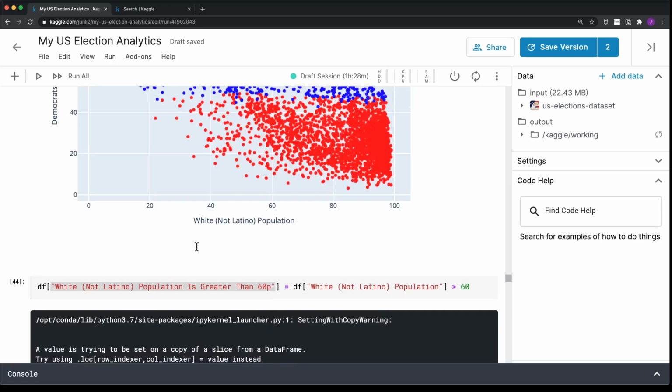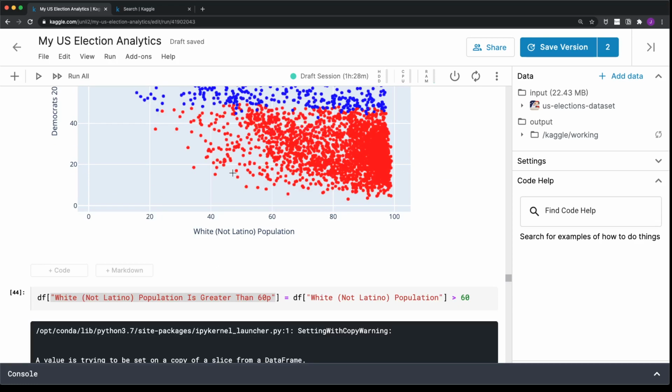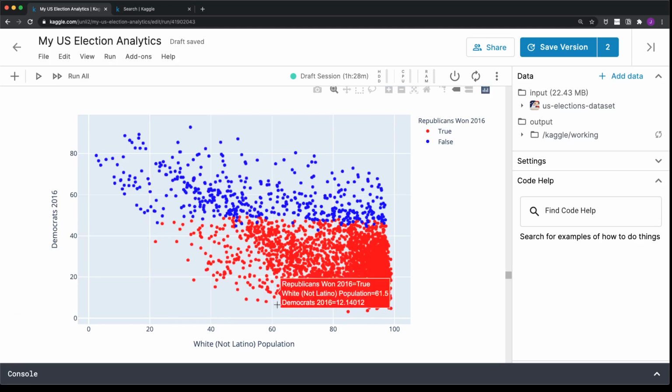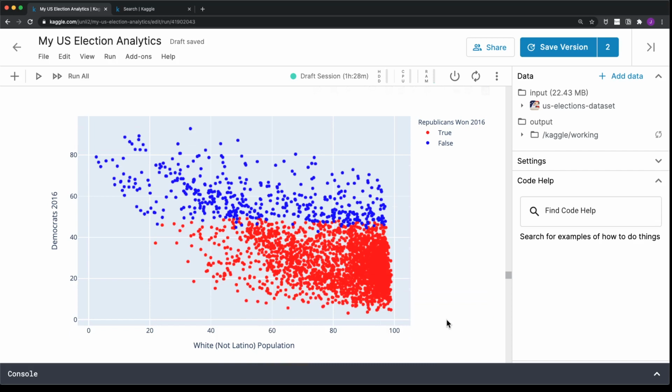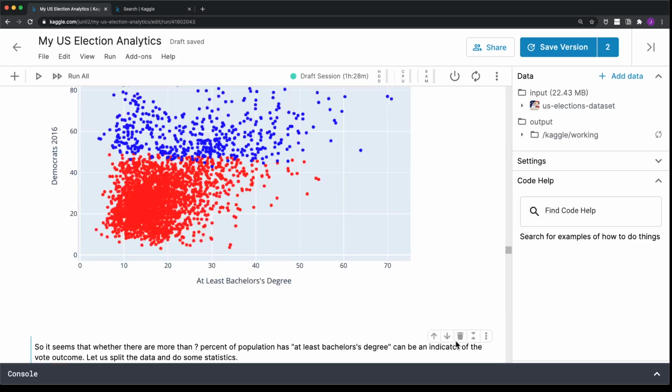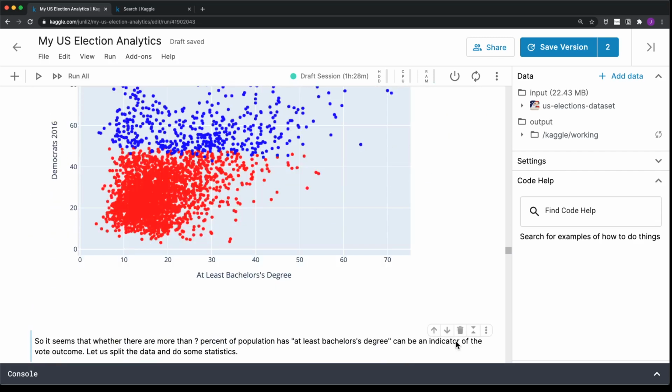In one group, we have counties with more than 60% white population, and the other group with less than 60% white population. But how about we further subdivide the group with more than 60% white non-Latino population using the previous attribute about the degree of education the residents received.